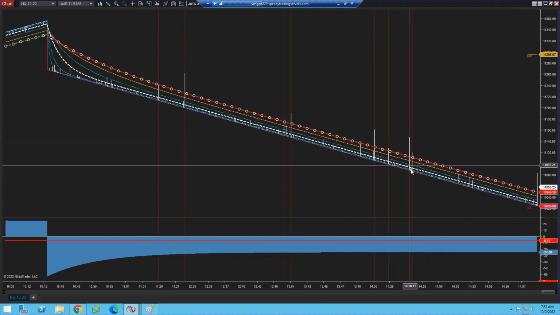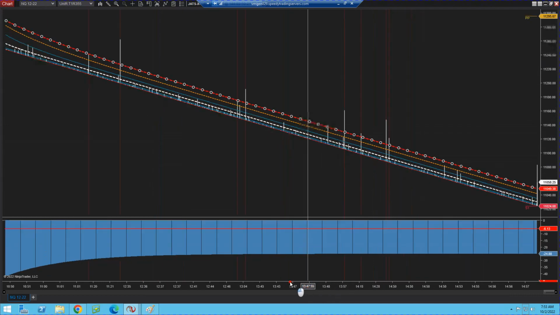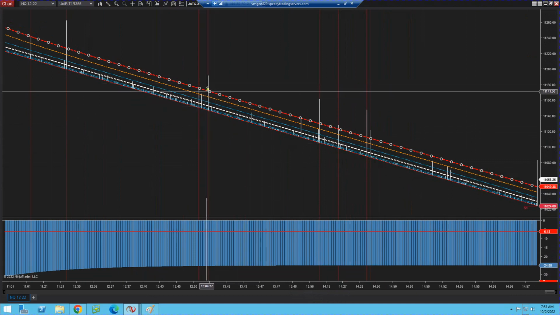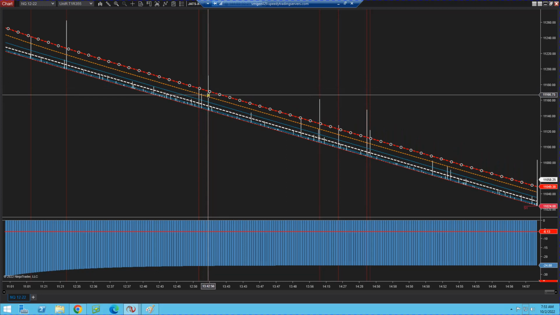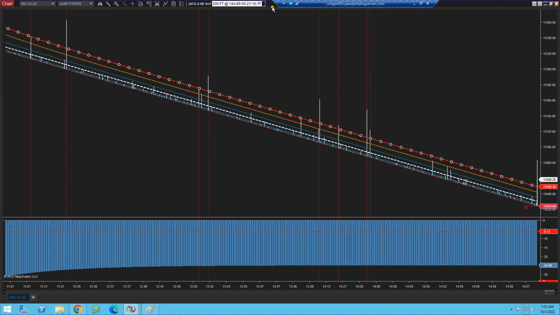You can sit on that level, and then my method for the Bloodhound Blackbird is to use a cross recross. So I cross above the level, so that's a 200, and then I cross back down below it before I get a signal. And then I can even wait.